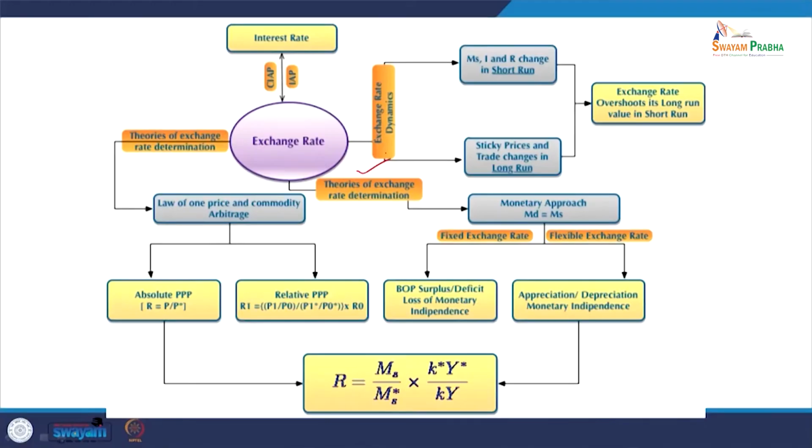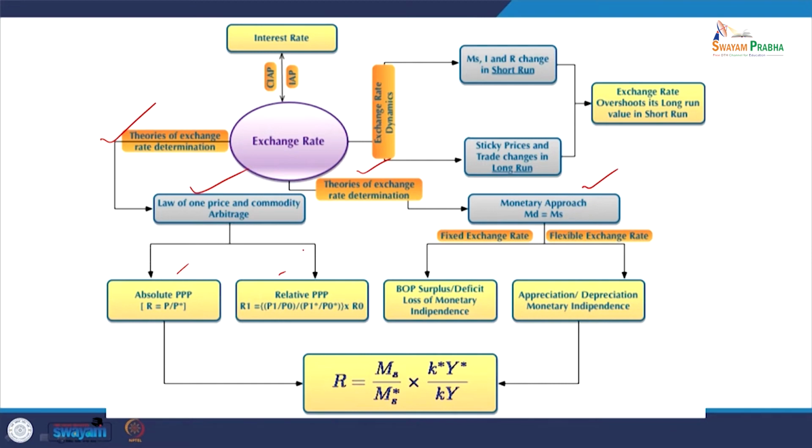I am deliberately showing this chart to highlight some of the aspects which help us in understanding foreign exchange determination. So, theory of foreign exchange like the monetary approach is very important in the discussion. Similarly, other theories of foreign exchange market, including the law of one price, which determines the absolute and relative prices or relative foreign exchange market.